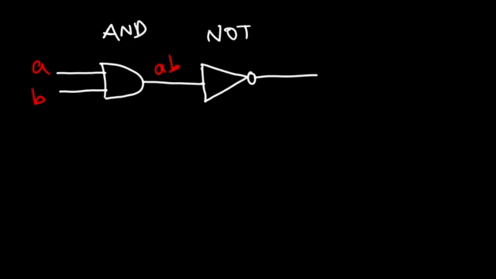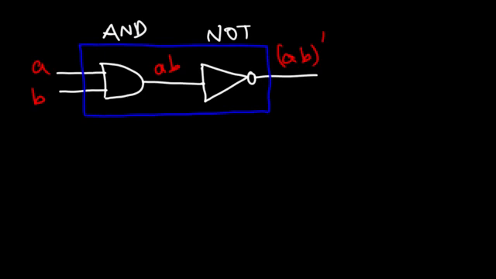So the complement of AB is just AB prime. And so the combination of these two logic gates is equivalent to a NAND gate.